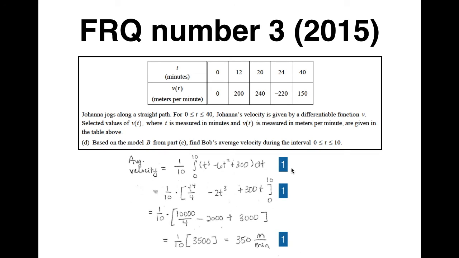There were many points you could earn in this exercise. Writing the appropriate formula for the average velocity was worth 1, integrating correctly was worth 1 point, and getting the right answer was worth 1 point.